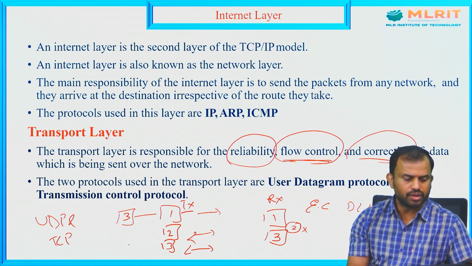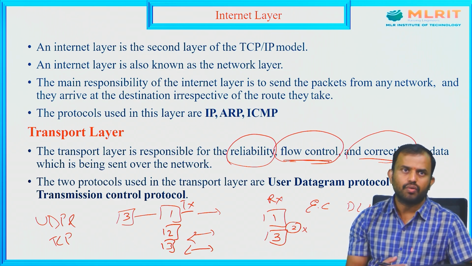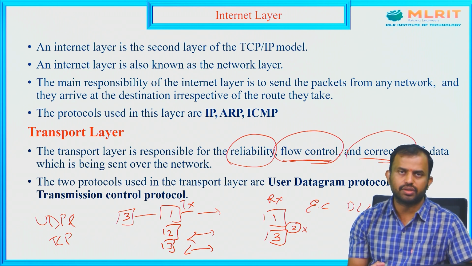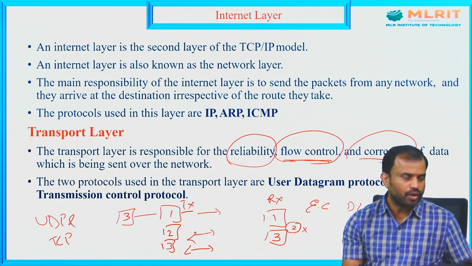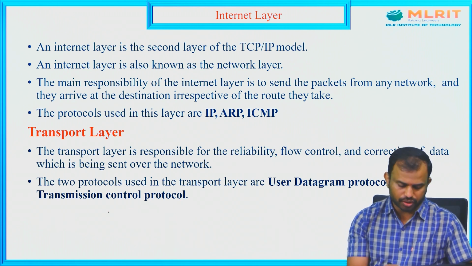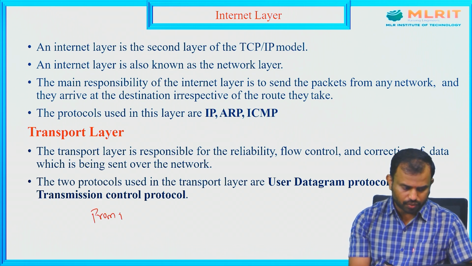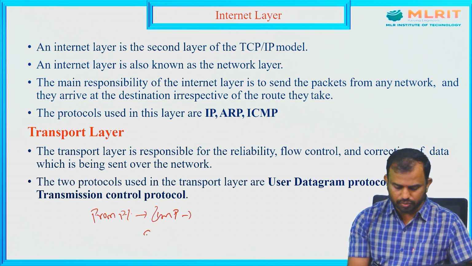This transport layer is widely used in applications where prompt delivery of information is needed. Delivering data successfully is important, so we go for accurate information.